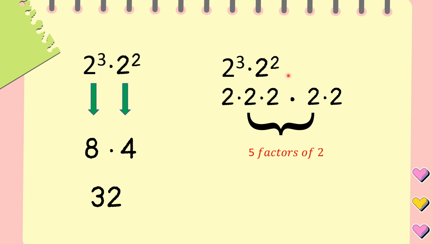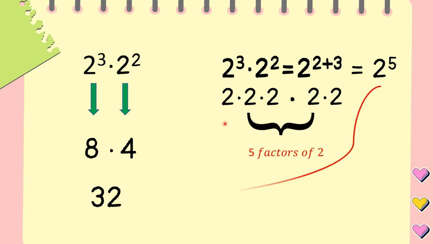So therefore, 2 raised to 3 times 2 raised to 2 is equal to 2 raised to 2 plus 3, and that is equal to 2 raised to 5. This is the second law of exponent. And 2 raised to 5 is equal to 32.